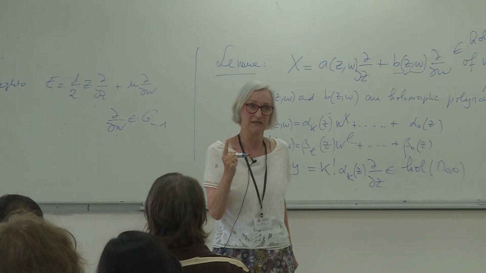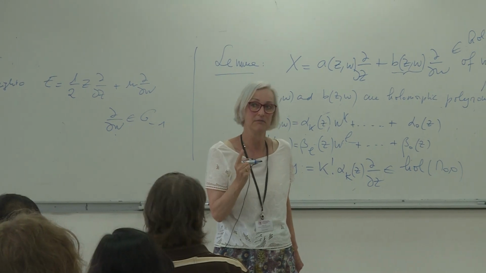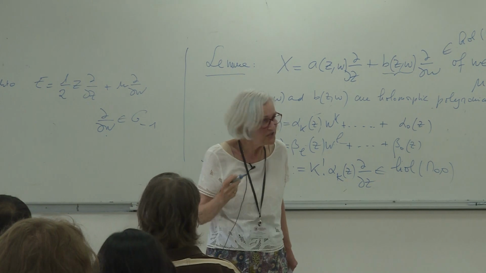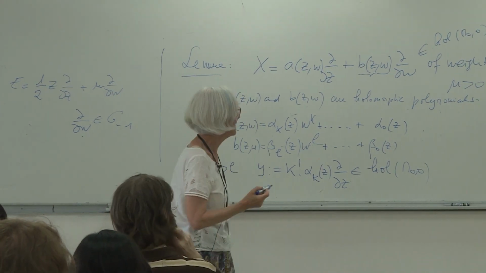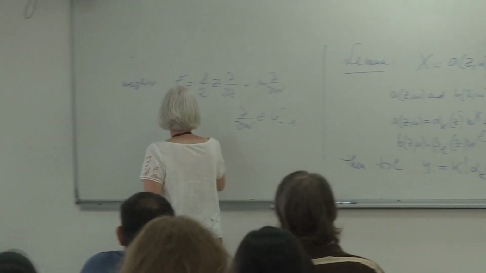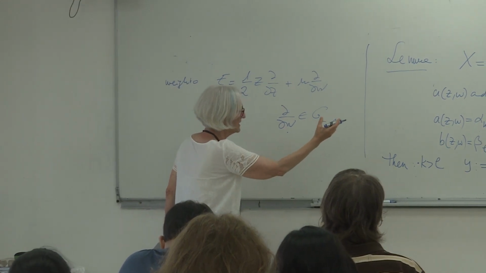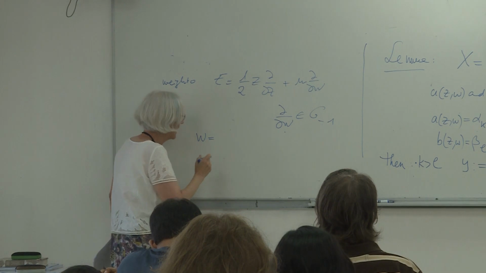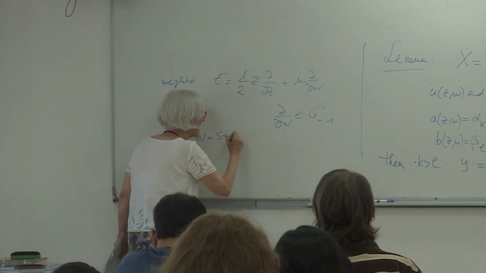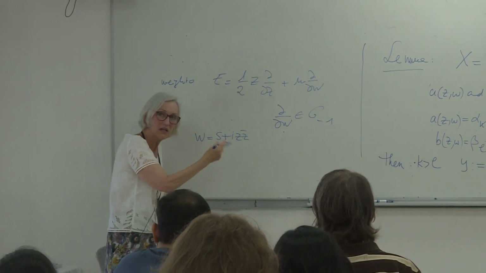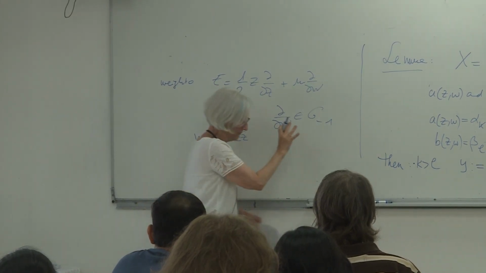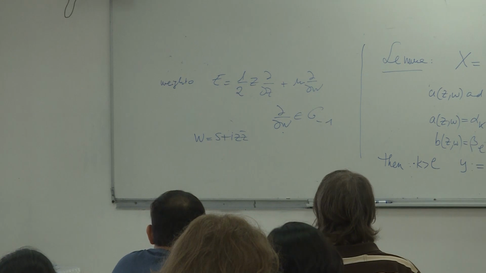And in fact, it's an exercise, unless we have time after, you can prove it's not difficult, because you know that W, when you restrict to M, is s plus i z z-bar. And by looking at the different powers. Just to let you know that.